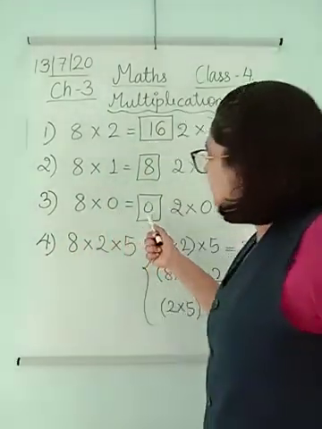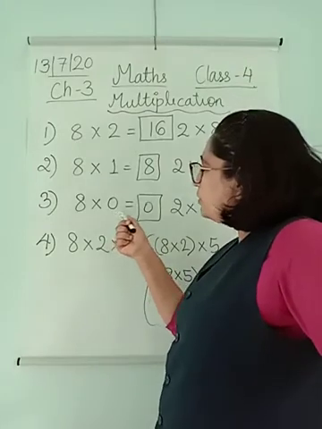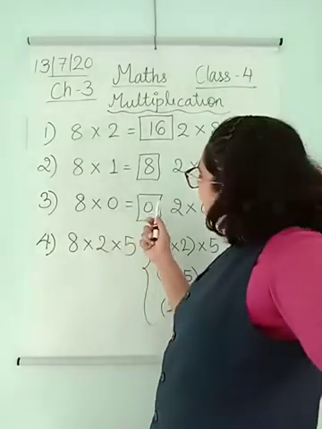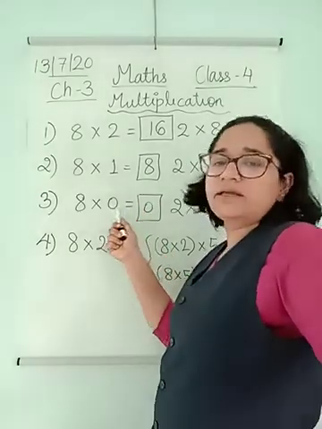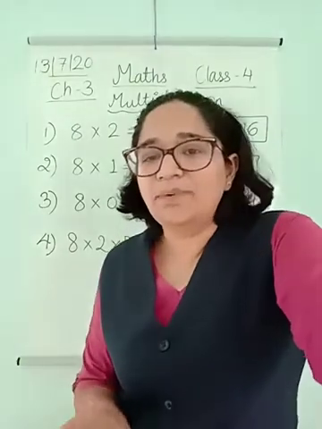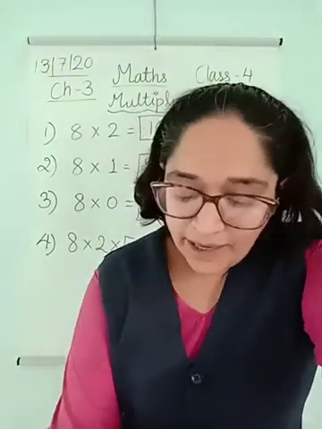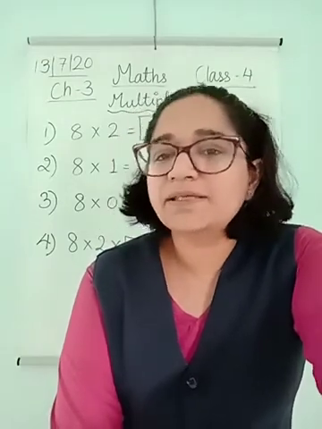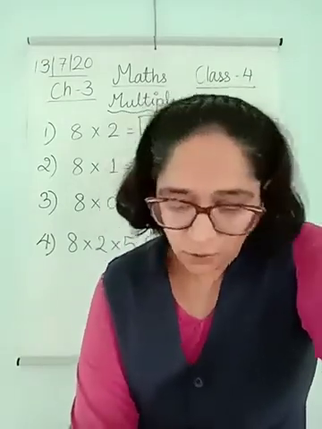So if this is 0, then here also the multiplier or the multiplicand should be 0. So 6543 multiplied by 0, my answer is 0.